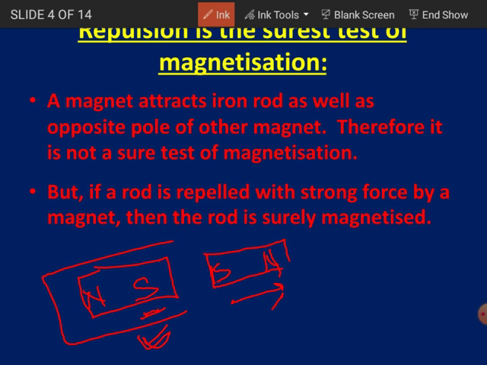So we usually say that repulsion is a sure test of a magnet or magnetization. Only when this repulsion is there can we say that the material that is going to be tested is none other than a magnet.